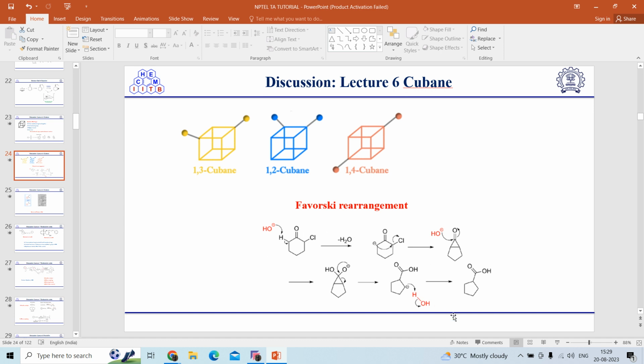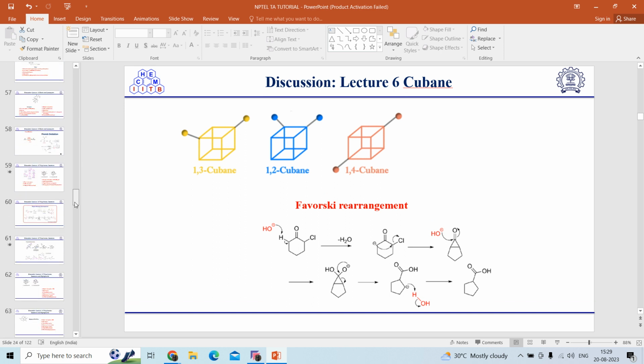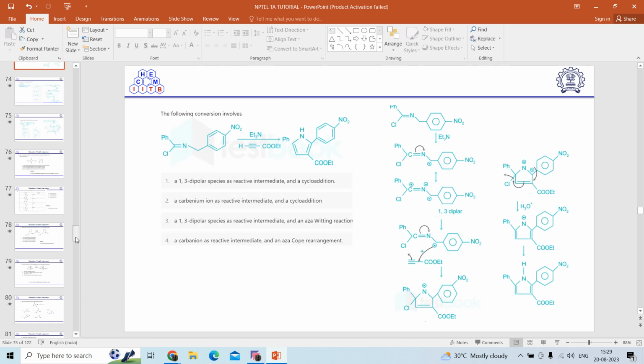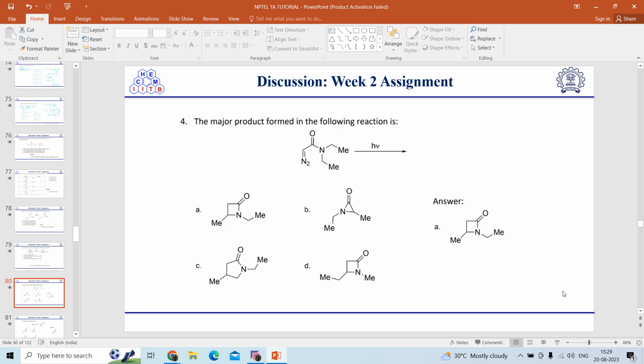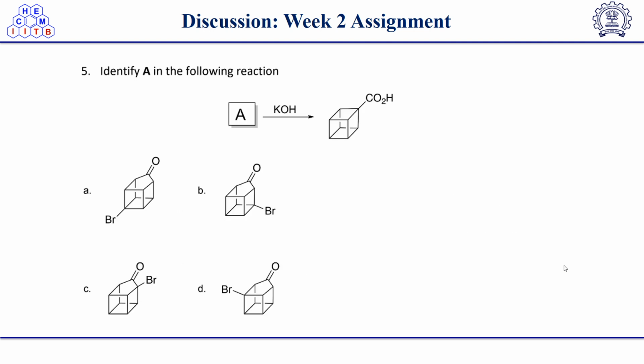Here from the six membered ring, we are getting a five membered ring as the product. So if we take a five membered ring as the starting material, we will get a four membered ring as the product. So that is Favorsky rearrangement. Option C is the correct answer in this case.